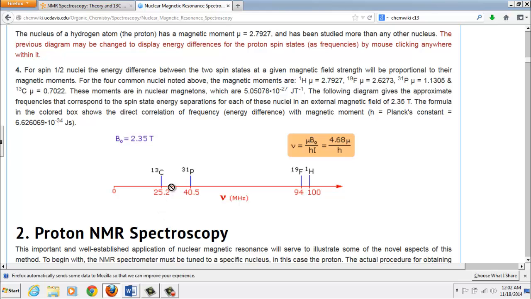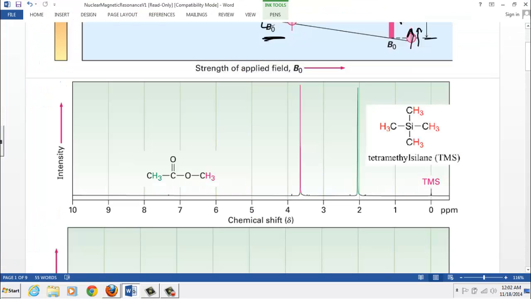Okay, so if you want to look at carbon NMR, you need to tune your magnet to a particular frequency. If you want to look at hydrogen, proton, you have to tune it to a different frequency. Okay, so that's the first thing you have to do. Choose your nuclei and go and look at it with the right frequency of radio waves.